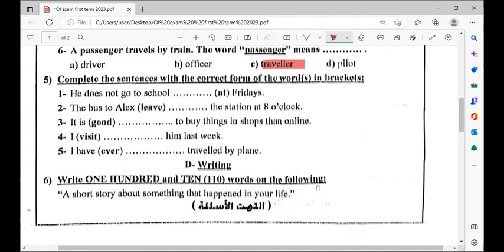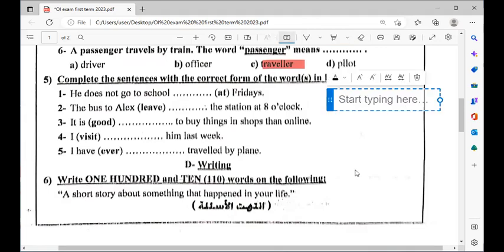To the question before the last. He does not go to school. With the days of the week, we use the preposition on: on Fridays. The bus to Alex, the station at 8 o'clock.